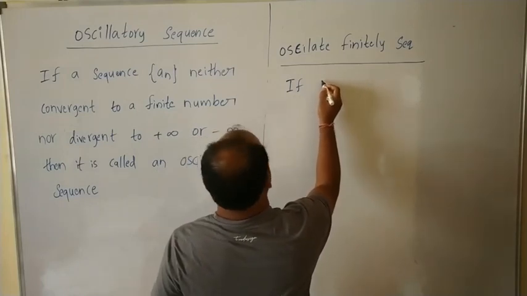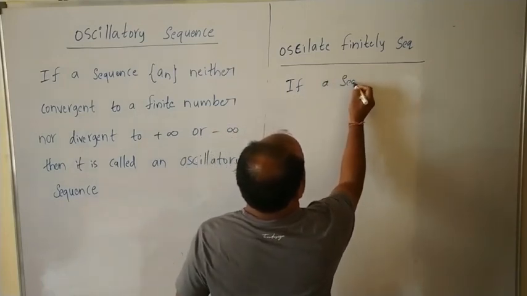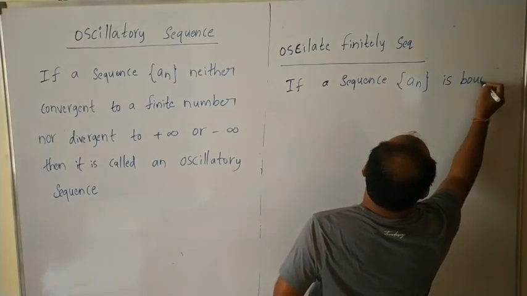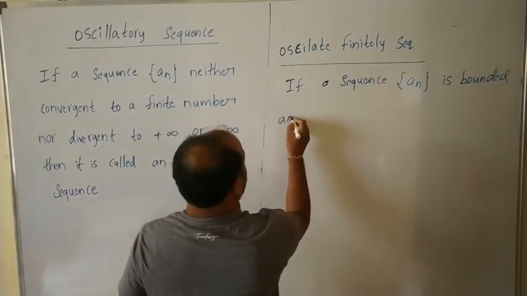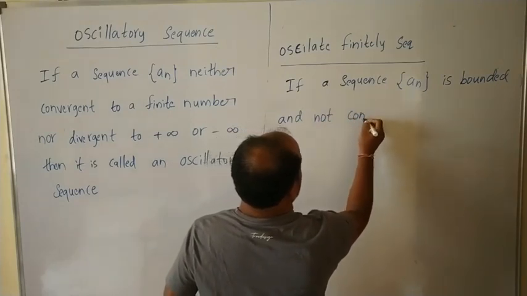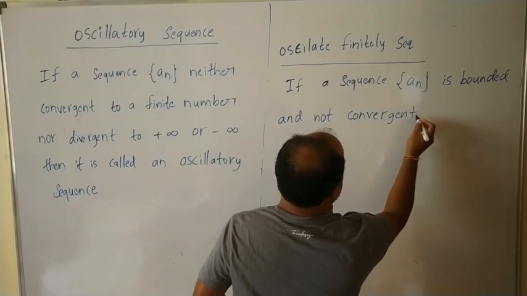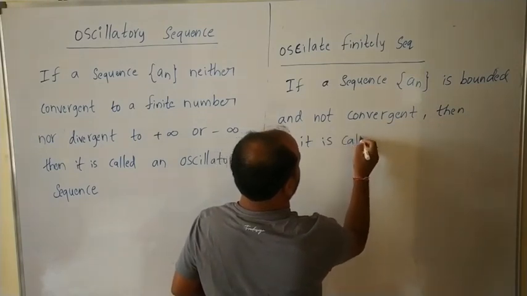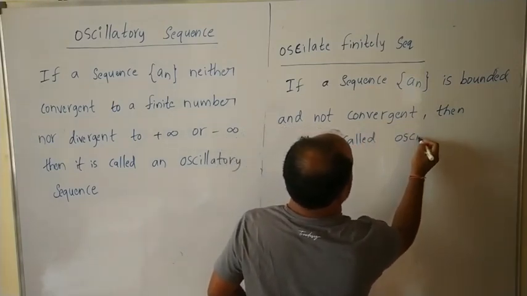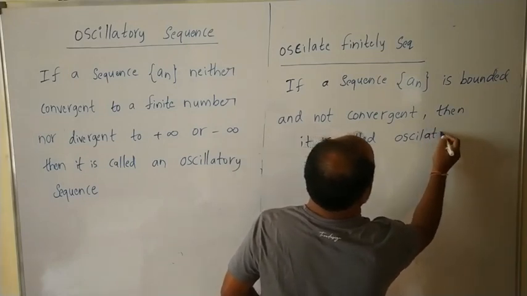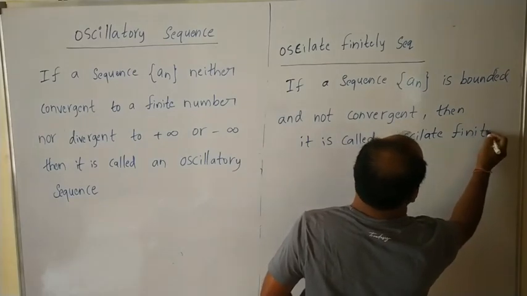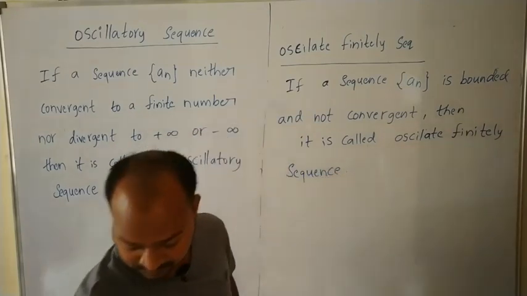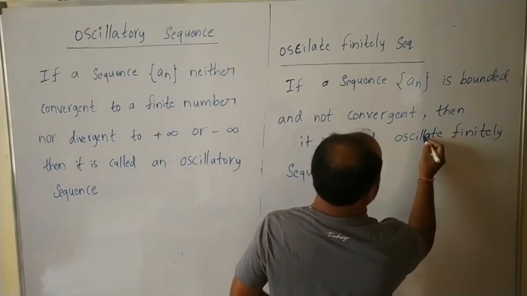If a sequence an is bounded and not convergent, then it is called an oscillate finitely sequence.